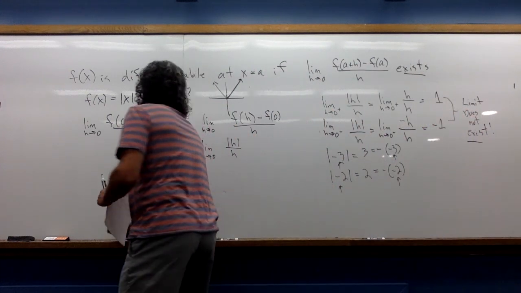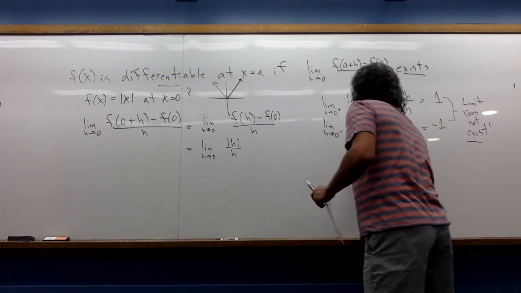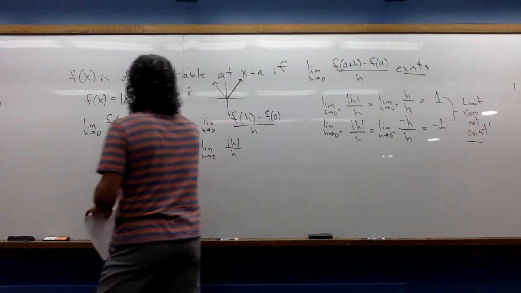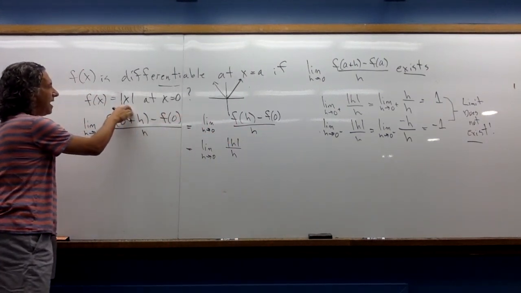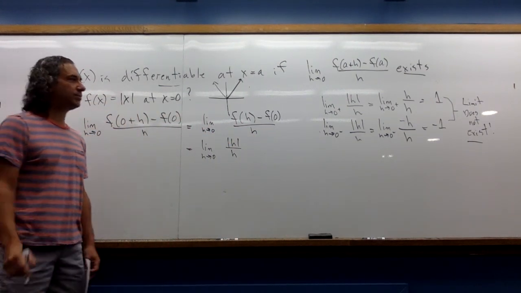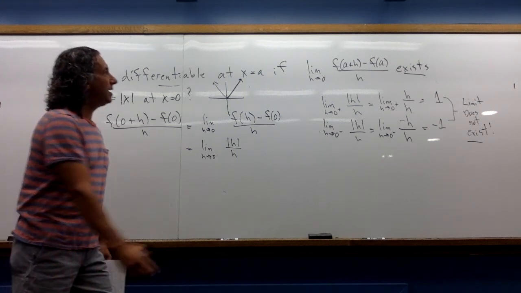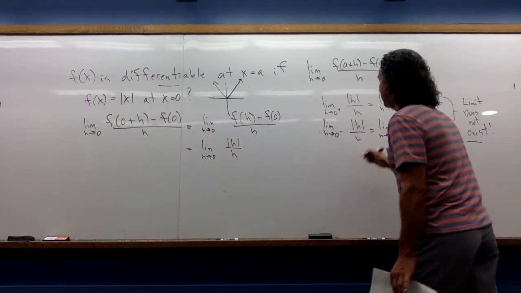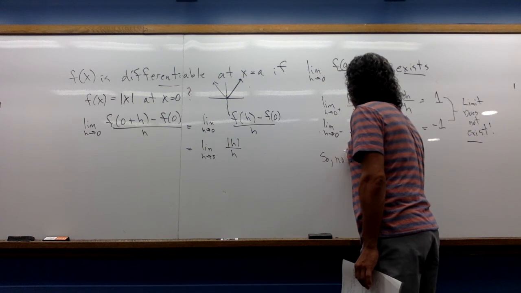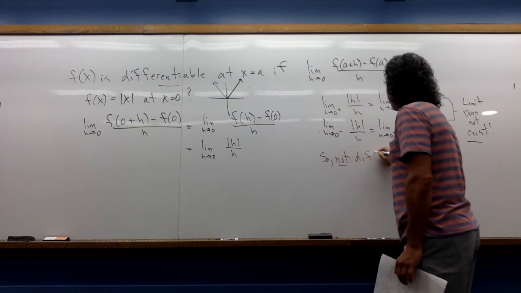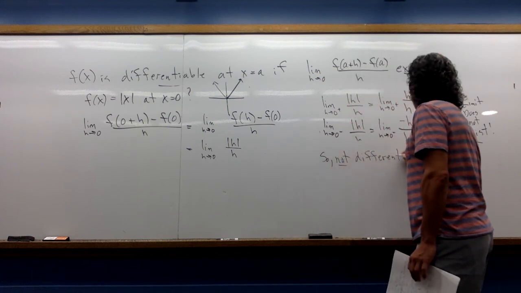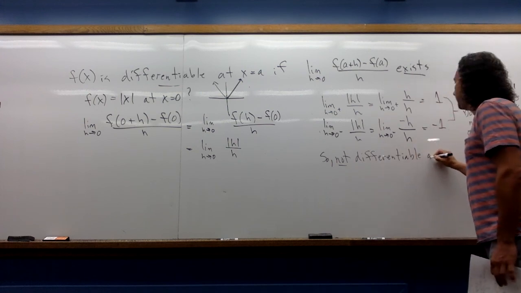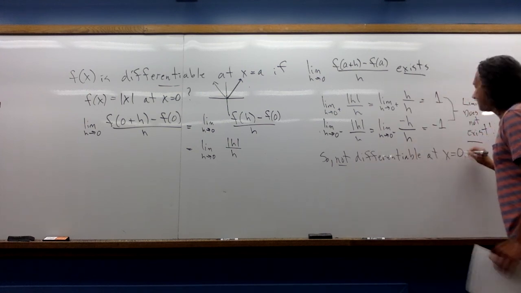Well, since the limit does not exist, what's the answer to the question? Is f of x equal to the absolute value of x differentiable at 0? Well, that limit does not exist, so the answer is that it's not differentiable at x equals 0.